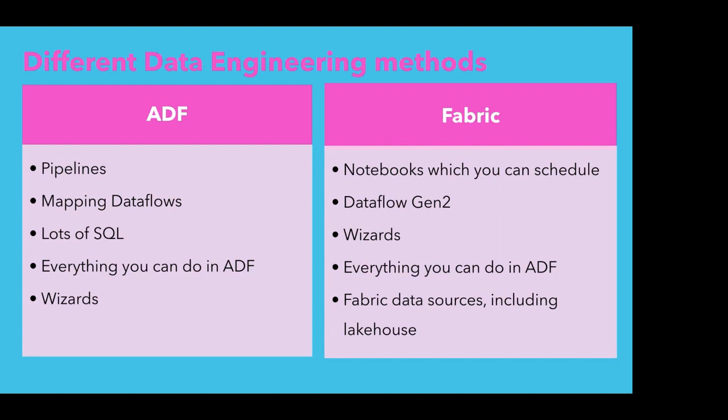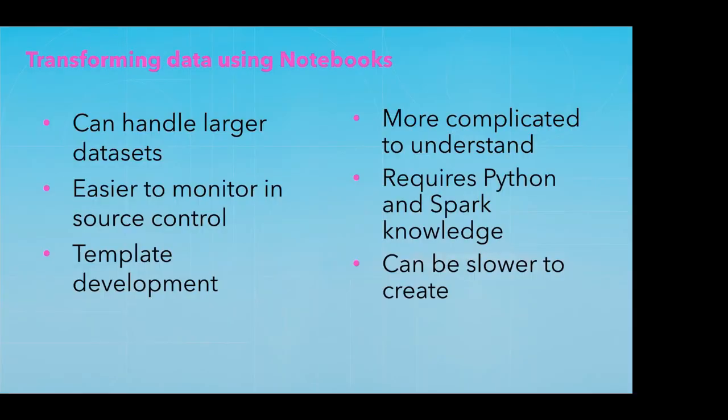So if you're like, well, I don't know ADF, and I don't know notebooks, but I can do Power Query, you can transform data inside of Fabric. There are also a number of wizards that Fabric has to get started on transforming data as well. You can do anything inside of ADF, and it includes a couple of new data sources that you might find useful as well. So we'll dive deeper into those.